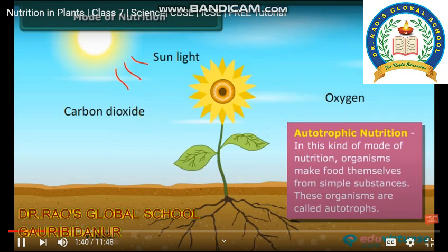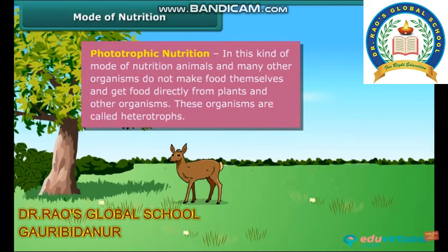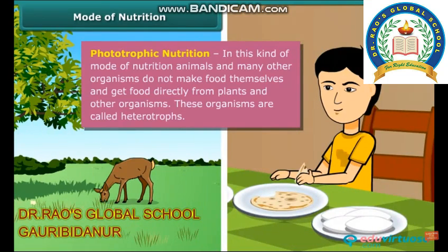Green plants are the examples of autotrophs. The mode of nutrition in which animals and many other organisms take in ready-made food prepared by the plants is called heterotrophic, and these organisms are called heterotrophs.